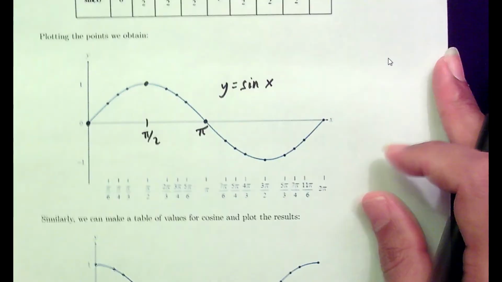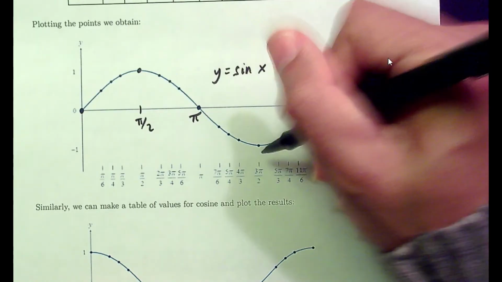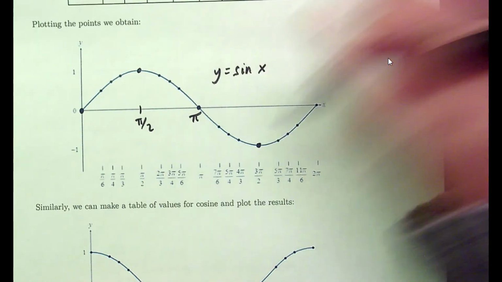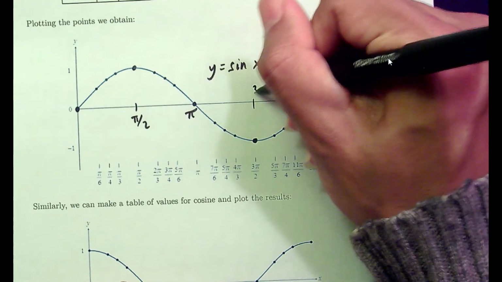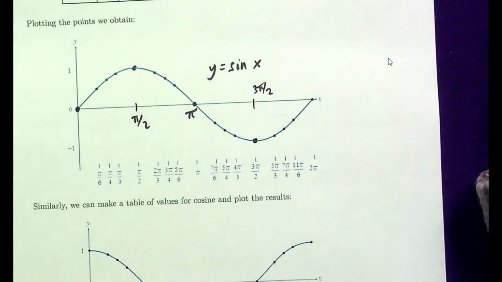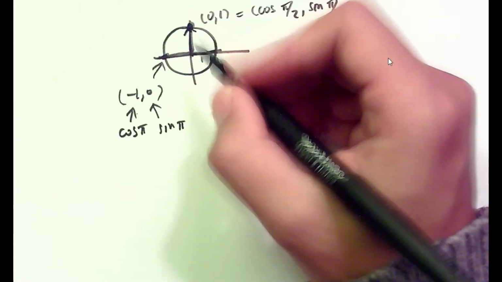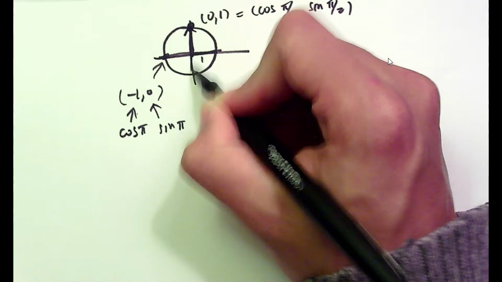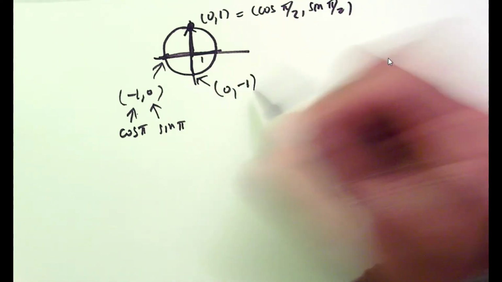If you keep going, this wave reaches the lowest point at 3 pi over 2. Again, this is 3 pi over 2. The coordinates of that point are 0, -1.